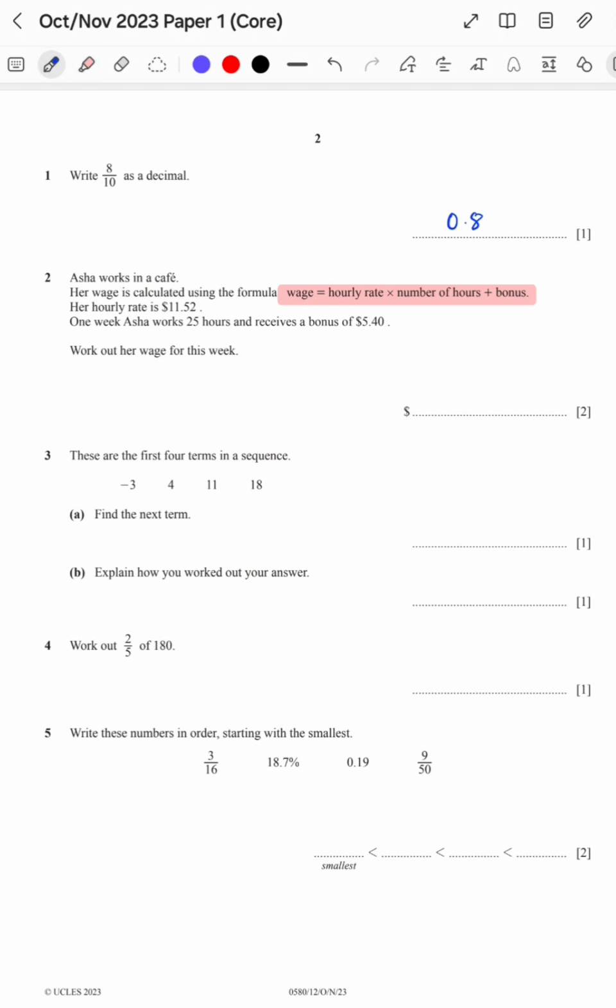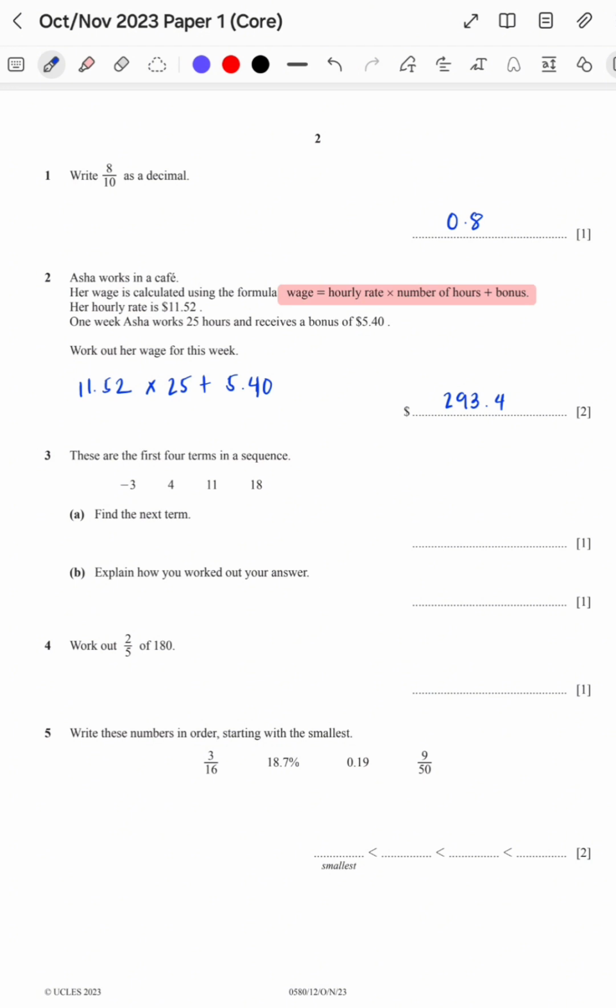Her hourly rate is $11.52 times how many hours she worked, so that's 25 hours, plus her bonus, which is $5.40. So the total is $293.04.